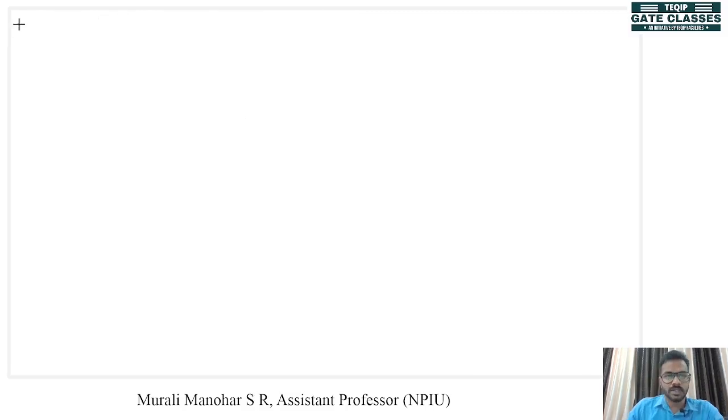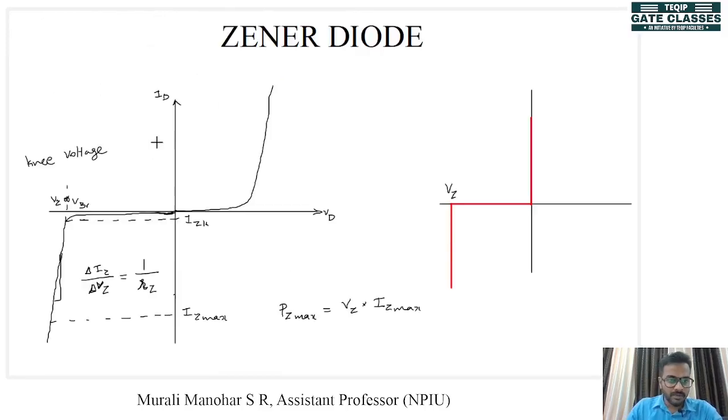The first condition is for Zener breakdown, that is, when the operation of the Zener diode starts: IZ minimum must be greater than or equal to IZK, the knee current. Only when the current reaches the knee current can our Zener diode go into Zener breakdown.